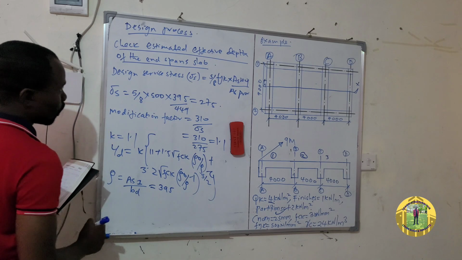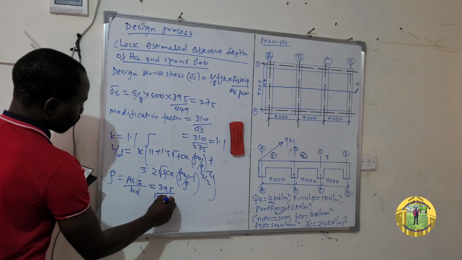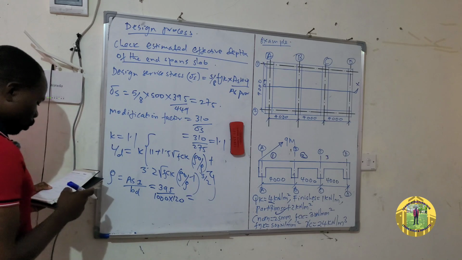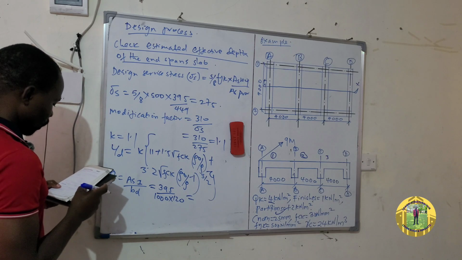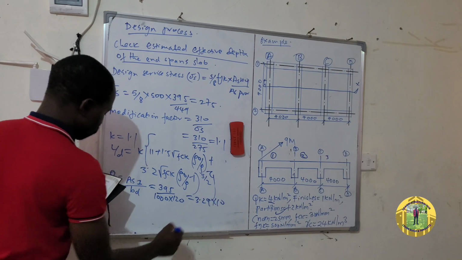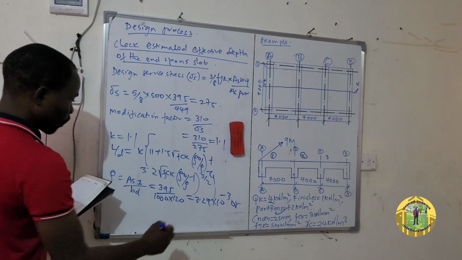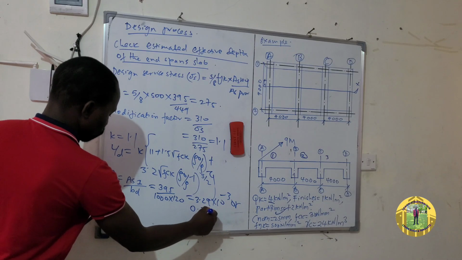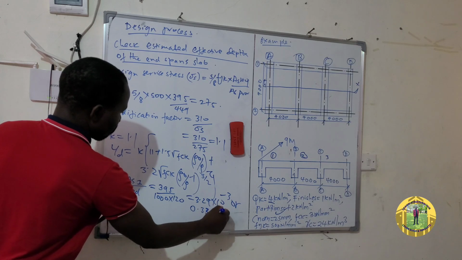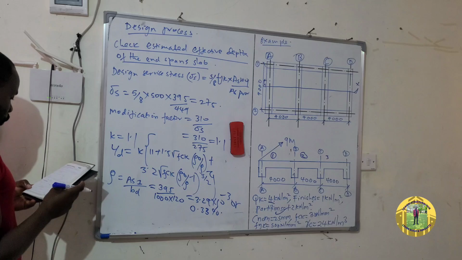This is the area of steel required over B. B is 1,000 times D 120. So this one is equal to 3.29 times 10 to the power of negative 3 or 0.33%, like that.